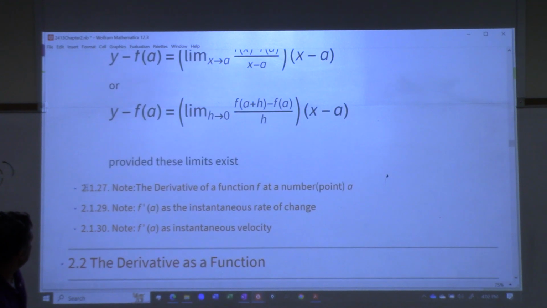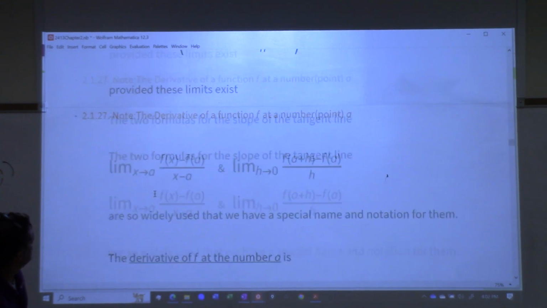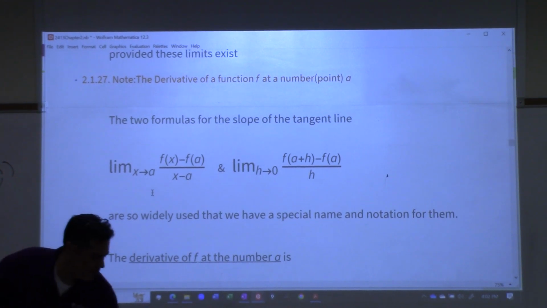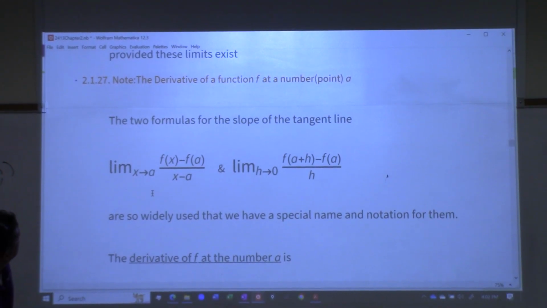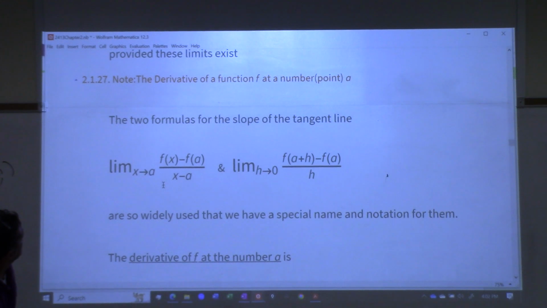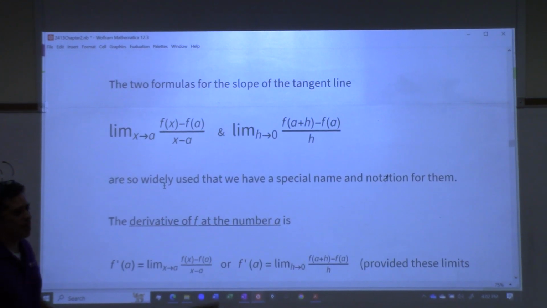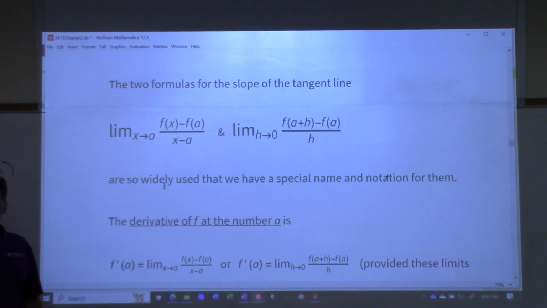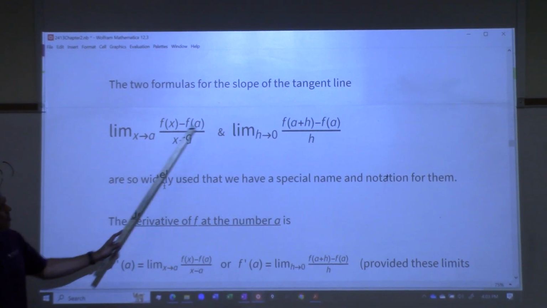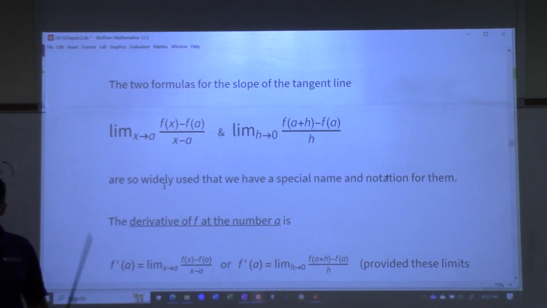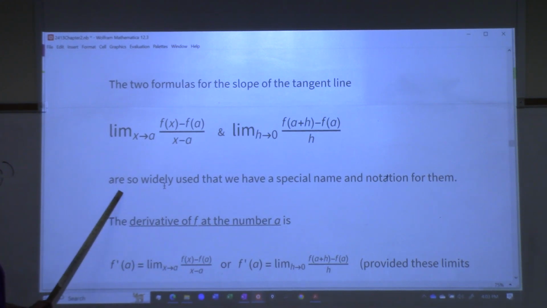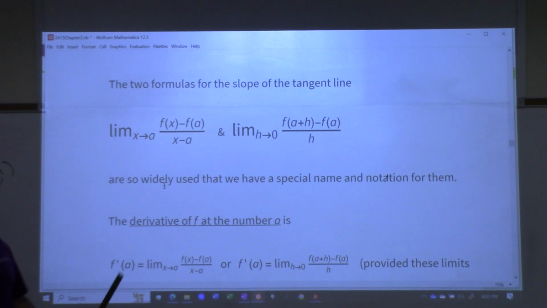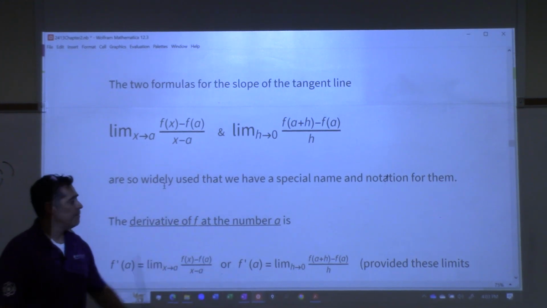All right, so here it is. The two formulas that we have from today that give us the slope of the tangent line at some value a are these two, right? These are so widely used that we have a special name and notation for those two limits.